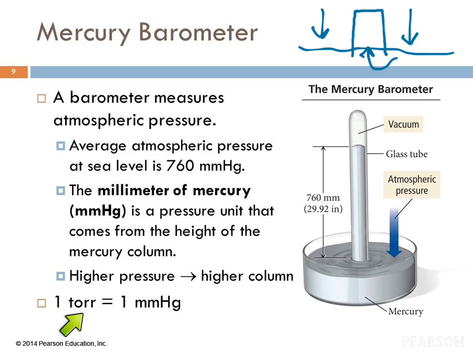It's exactly the same size. It's a torr, and that's named after Torricelli. So 1 torr is exactly the same as 1 millimeter of mercury. So you'll hear both of them. 760 torr, 760 millimeters of mercury. They're both the same. Any questions about a barometer?